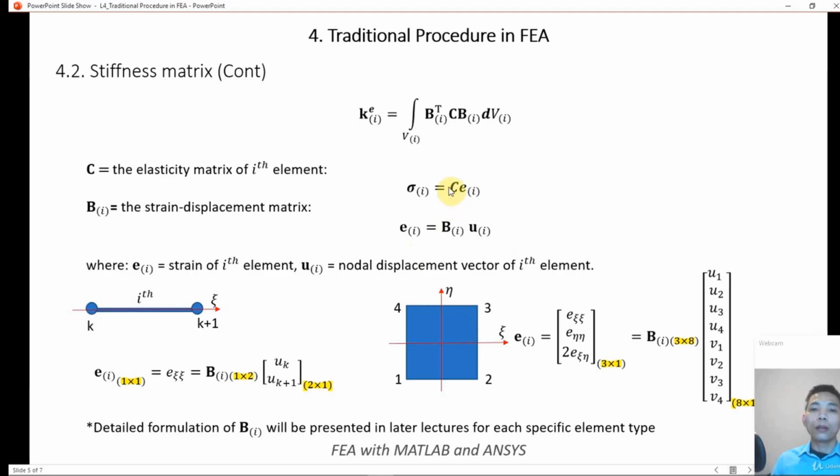So the elasticity matrix is that one. The stress equals C multiplied with the strain. You probably remember that one in the previous lecture, right?